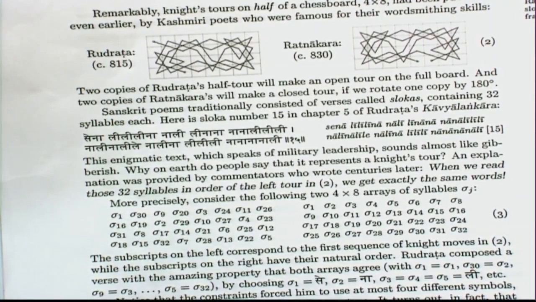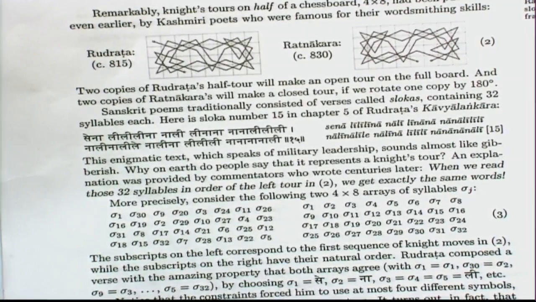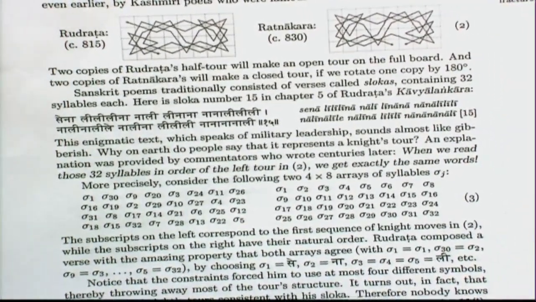In fact, 1,700 of them are so. If Rudrata had only known them, he would have had to use only one syllable. It wouldn't have described much of a knight's tour. Anyway.